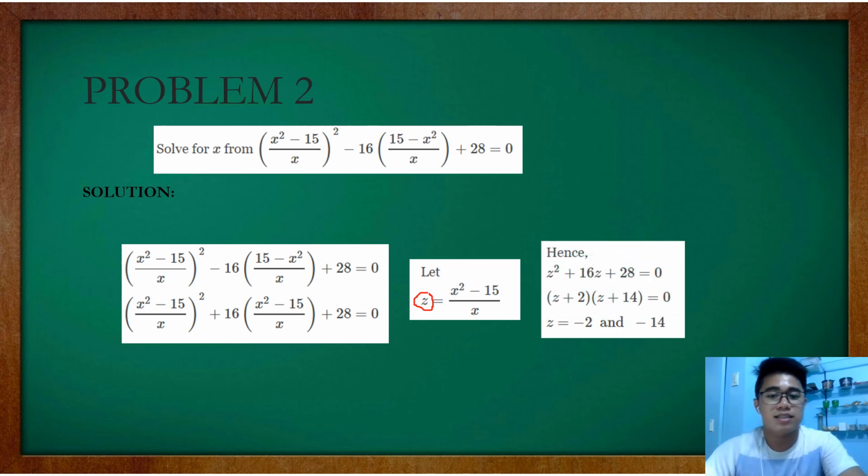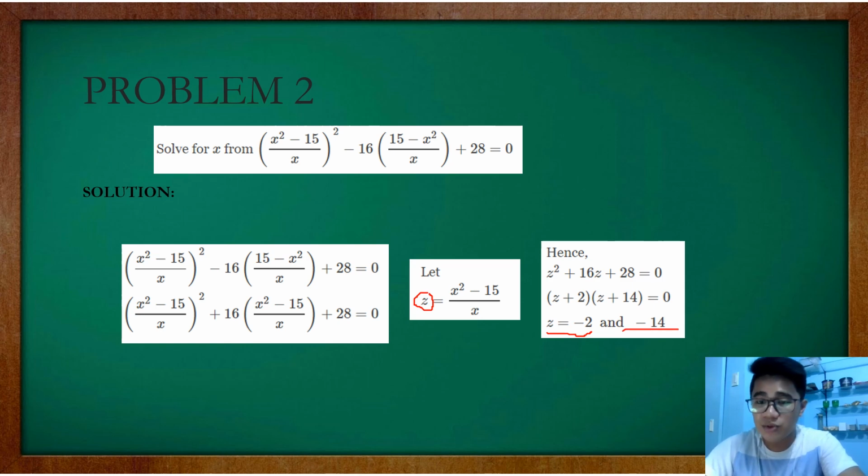By considering z, itong x squared minus 15 over x, so we will have z squared plus 16z plus 28. So, if we will factor it out, we will have z plus 2 multiplied by z plus 14. In other words, we have z is equals to negative 2 and negative 14.